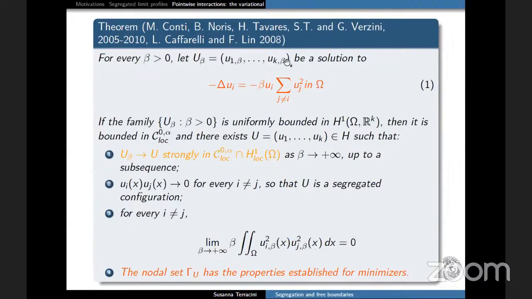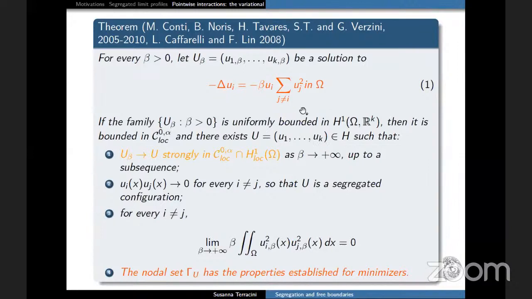And then you see that we can state some theorem, which is important. Now I have just neglected the internal forces F of UI. They could be there, but they play no role, so I will just avoid writing them.